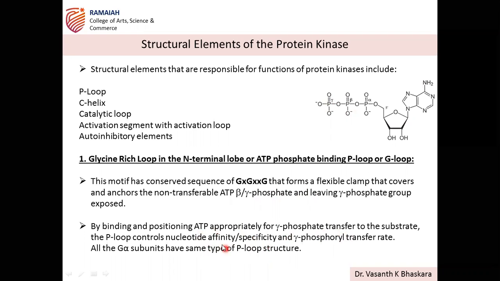These are the main important functions of the small subunit by which ATP, the donor, will be bound because of affinity and specificity. It can retain the alpha beta phosphate of ADP within the small subunit, whereas gamma phosphoryl transfer is made possible, and all these functions are because of the P loop.